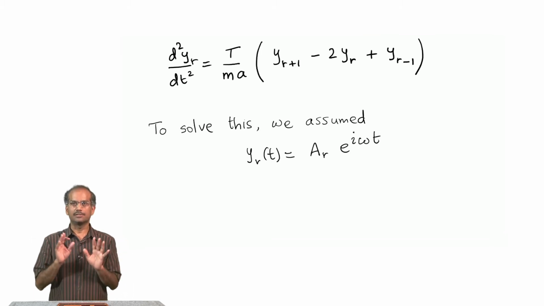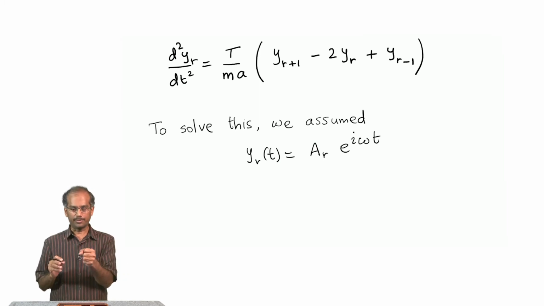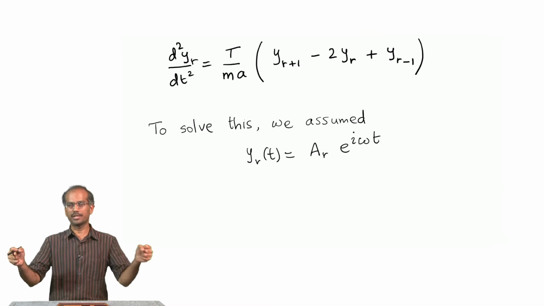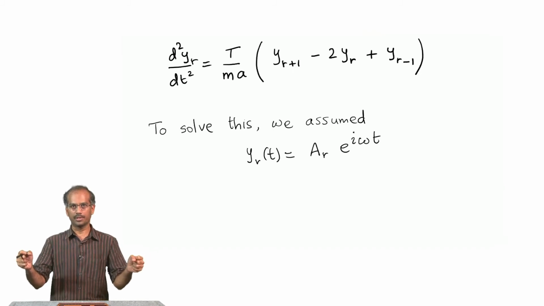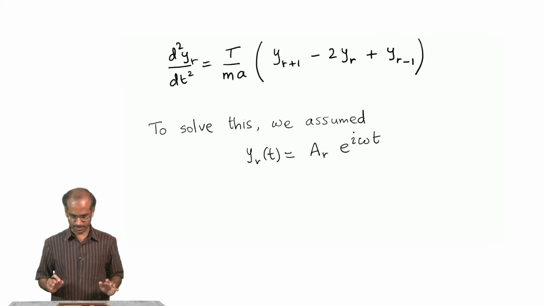That is a sign that it is a coupled system. The displacement at one point is related to the displacement at neighboring points, within the approximations that we are considering.